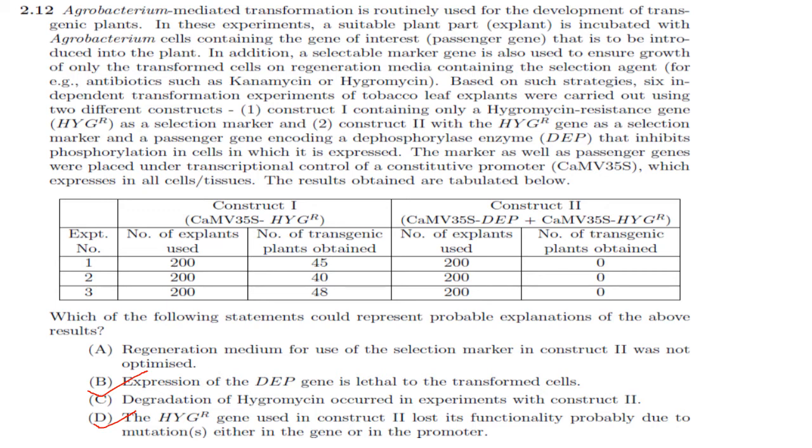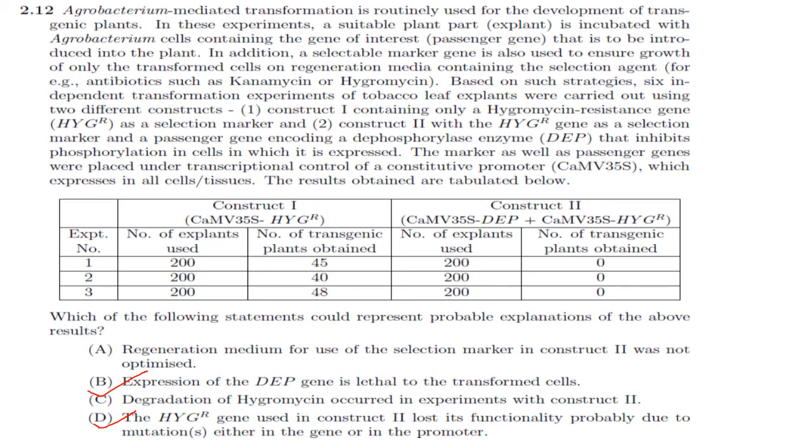So that is wrong. The next one, expression of the DEP gene is lethal to the transformed cell. That can be one of the explanations. Why? Because DEP inhibits phosphorylation in the cells in which it is expressed. So some of the biosignaling pathways may not work, so chances are there that cell division may not happen properly.